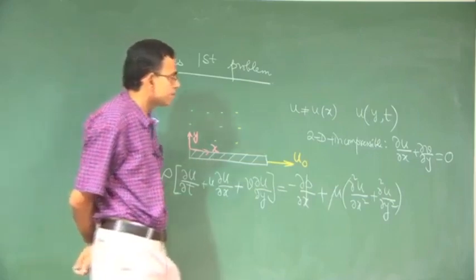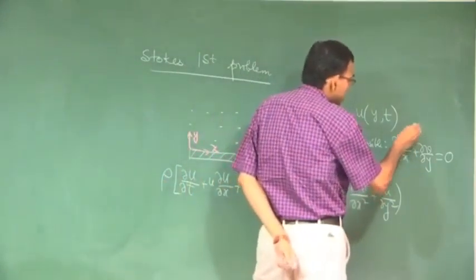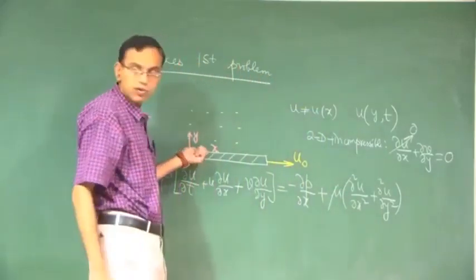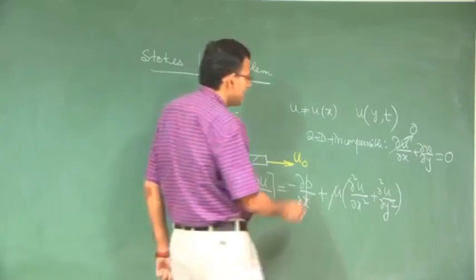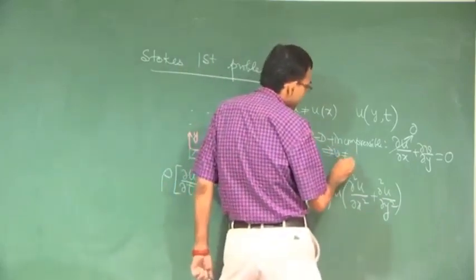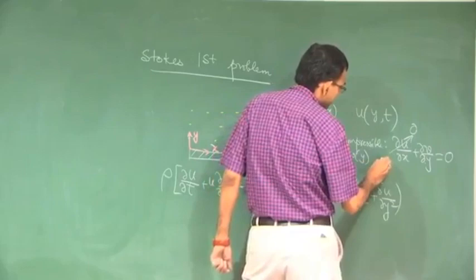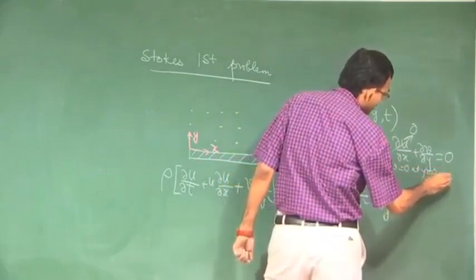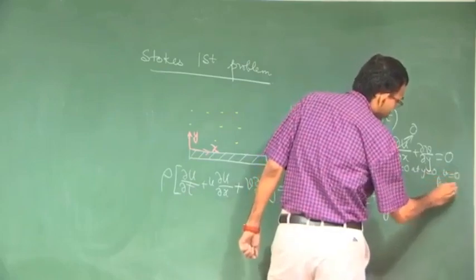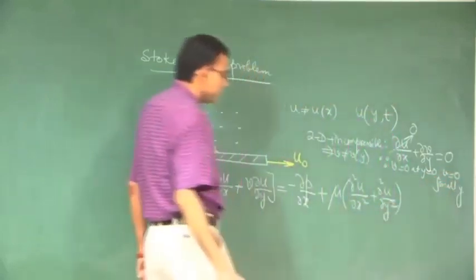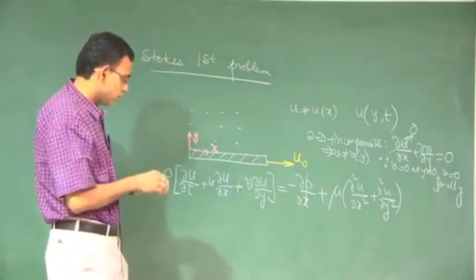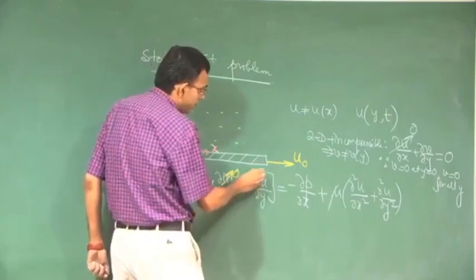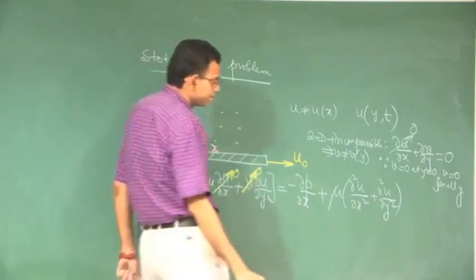Out of this, this term is 0 due to translational invariance, therefore V is not a function of y. Because V is equal to 0 at y equal to 0, the no penetration boundary condition, this means that V is equal to 0 for all y.